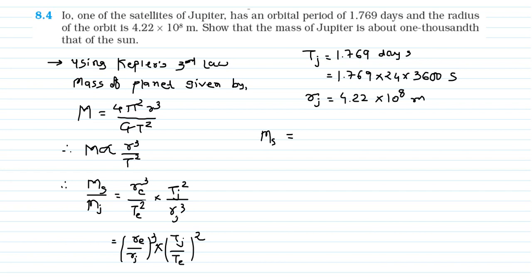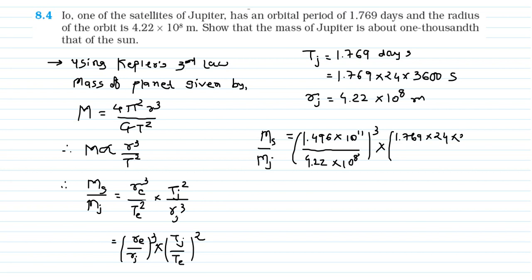We will substitute the values. What is Re? 1.496 into 10 raised to 11 upon Rj, that is 4.22 into 10 raised to 8, the power is cube, into Tj, that is 1.769 into 24 into 3600, upon the periodic time for earth, that is 365.25 days into 24 into 3600, whole square.